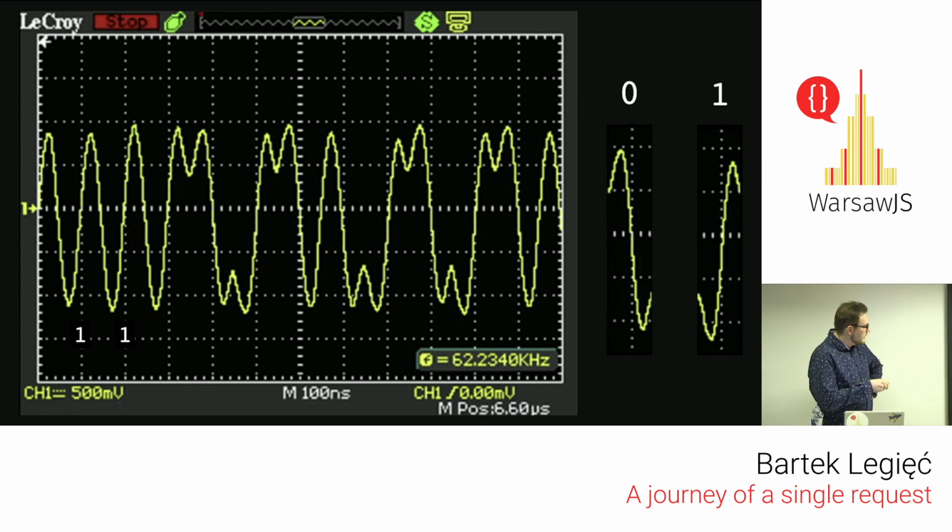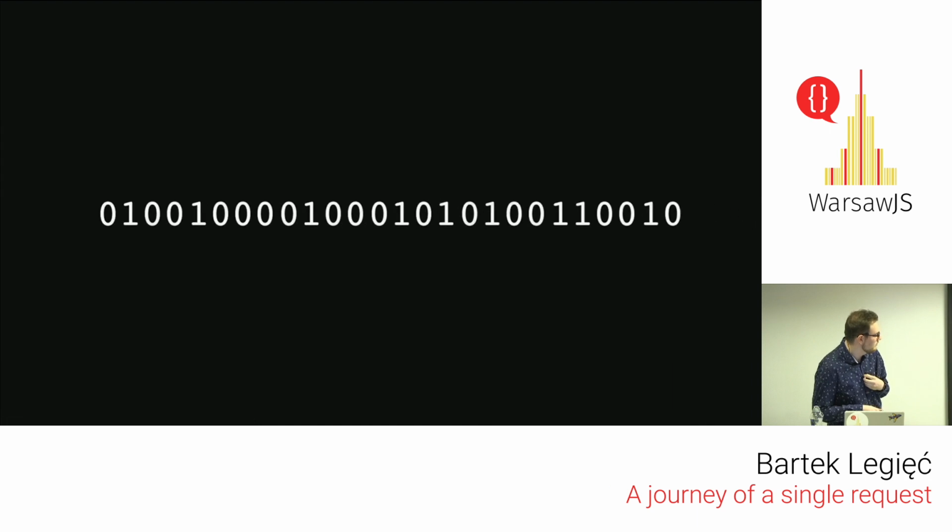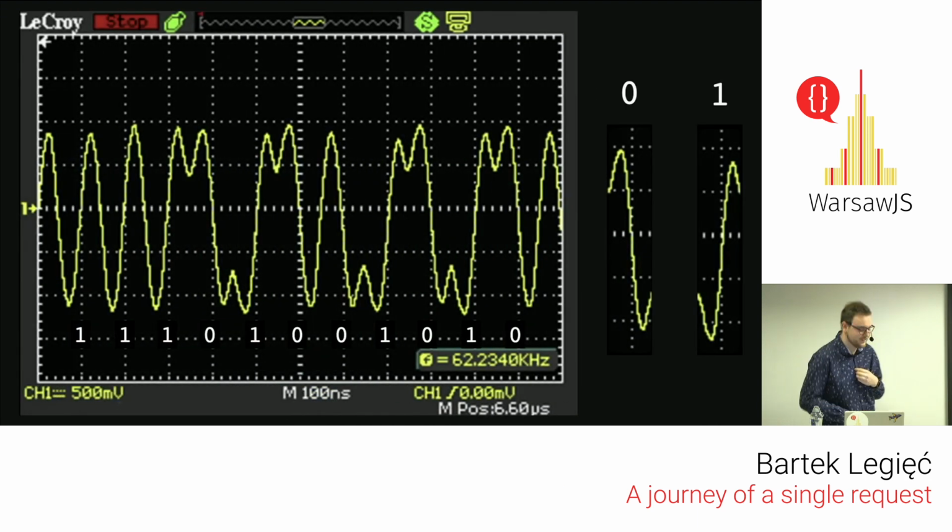You can see that in the span of 100 nanoseconds we were able to go back down again and back up again, so it wasn't really a problem. So we go 1, 1, 1. So we can now send bits, but in computers we usually like bytes.